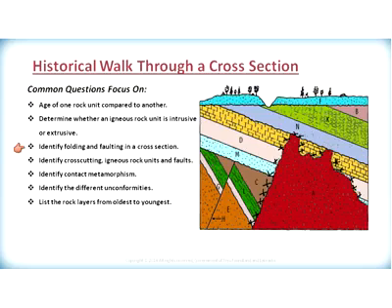The third question commonly asked is to identify folding or faulting in a cross-section. When we look at this cross-section, we do see several layers that were originally horizontal, according to the law of original horizontality, but in this case they are tilted.